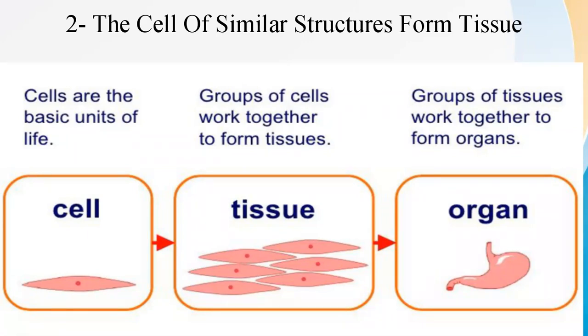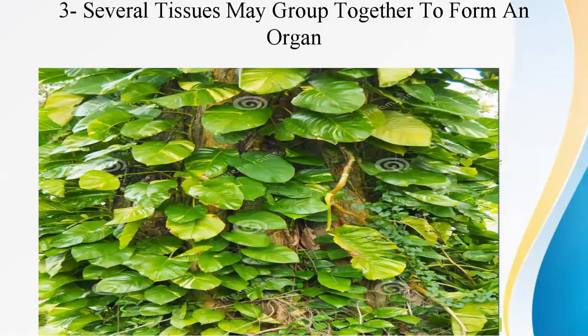This is the sequence: cells, tissues, and then organ. Whenever several different tissues combine in an organism, they form organs. Different tissues in an organism are often grouped together to form an organ, which is responsible for carrying out one or more bodily functions.